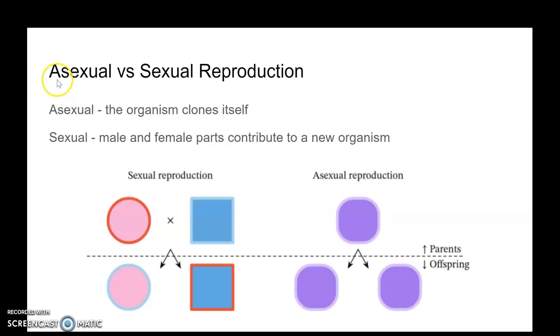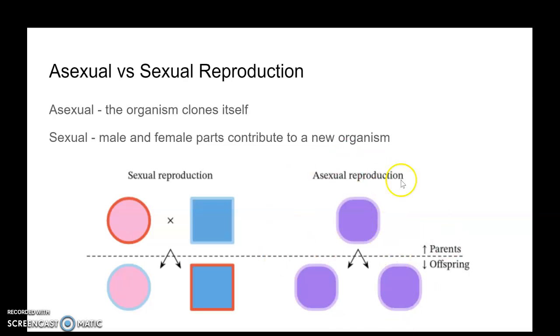The difference between asexual and sexual reproduction is that asexual, A meaning not, so not the sexual manner, is an organism that basically clones itself. So if you look at the right example, if you have some plant that reproduces asexually, then it will create, so you see this dotted line separates up, these are the parents, down, these are the offspring.